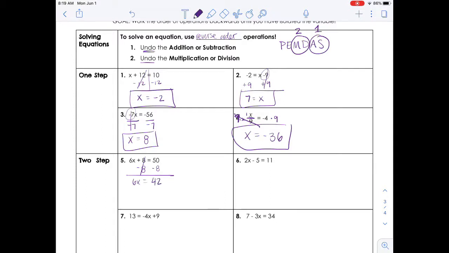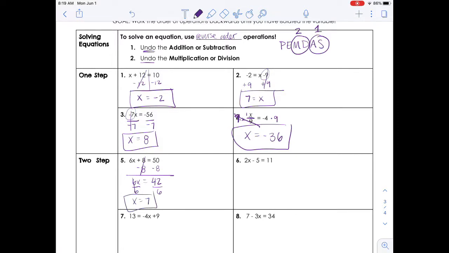Okay, but notice x is not by itself, so our goal is not achieved. We've got to do that multiplication and division. We've got to undo that 6 times x. So the opposite of multiplication is division, and we're going to do 42 divided by 6. So that's going to cancel out, and we've got x equals 7.